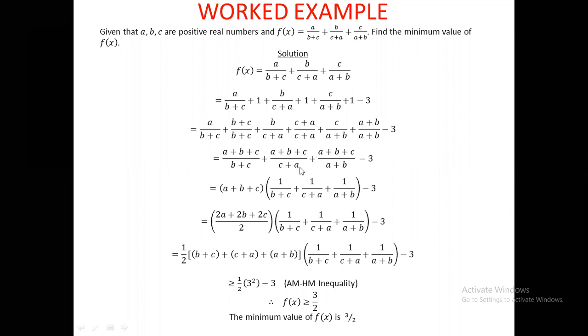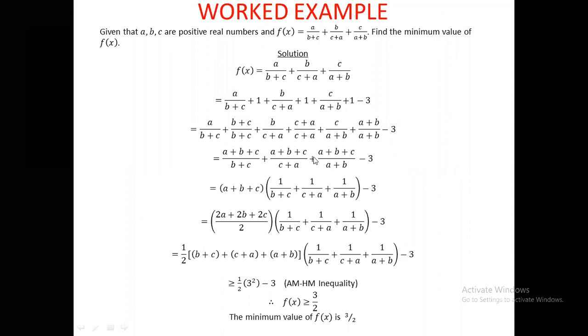Now for the last 2 fractions, the same thing plays out. The denominators are the same, a plus b, so we can directly add the numerators, and if you do that, you have a plus b plus c divided by a plus b. Of course, do not forget your minus 3. So we see the numerators in the first, second, and third are all the same. So we factor it out.